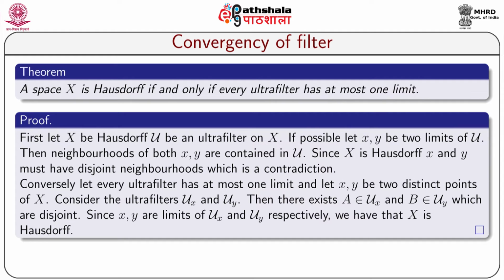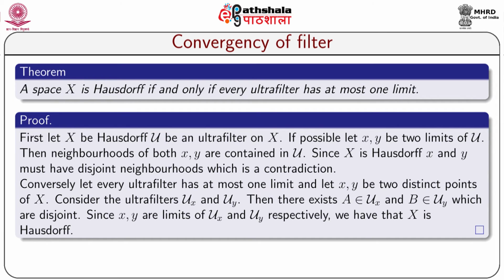In fact, this is an if and only if property. If X is Hausdorff, then every ultrafilter has at most one limit. On the other hand, if in a topological space every ultrafilter has at most one limit, then the topological space is Hausdorff. First, let X be Hausdorff and script U be an ultrafilter on X.